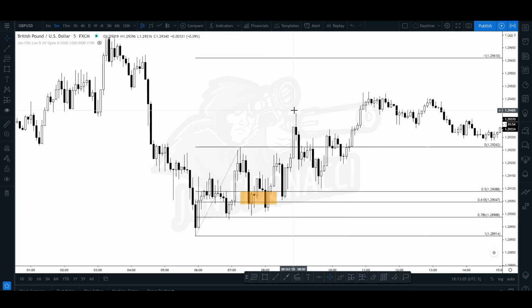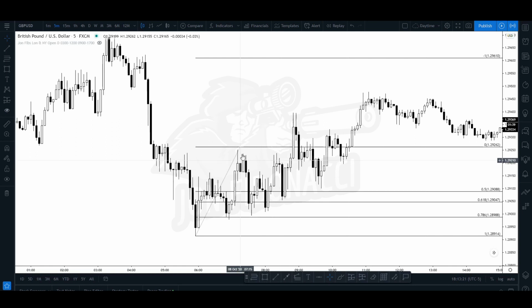So there's actually a lot of different Fibonaccis that you could have drawn here. This to me is like the bigger one. You have a high right here, and then another high here that breaks this previous high.